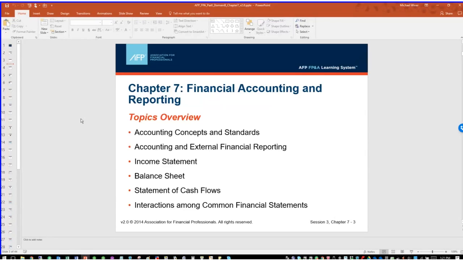You can do it by self-study. You can study for certifications. You can work with accountants at your company. All kinds of ways you can get at it, but you have to have some level of accounting expertise to be an effective financial analyst.